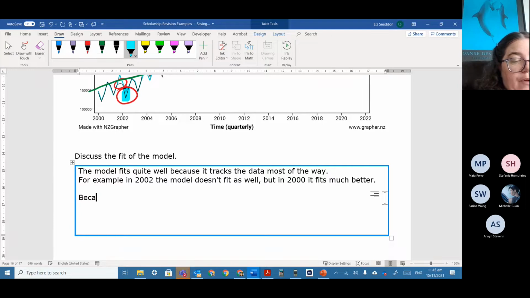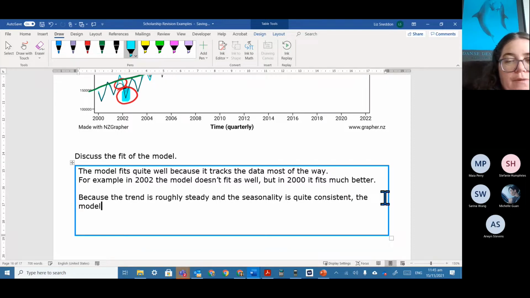So I can add a little note there that says, because the trend is roughly steady and the seasonality is quite consistent, the model fits.